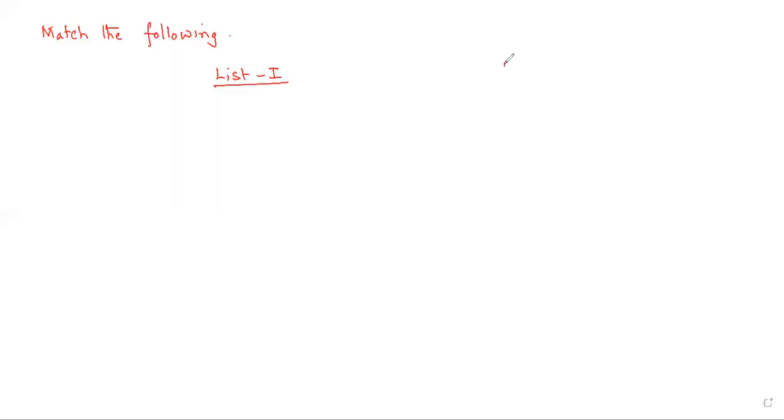List 1, list 2. Now in list 1, this is for single electron species, and this is, of course, the ratio.